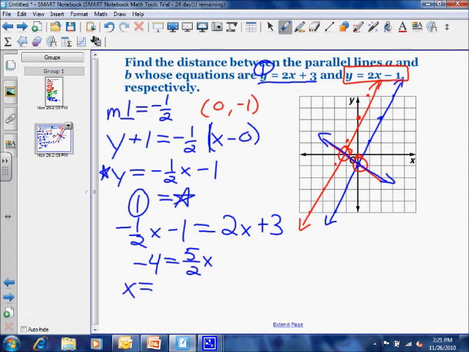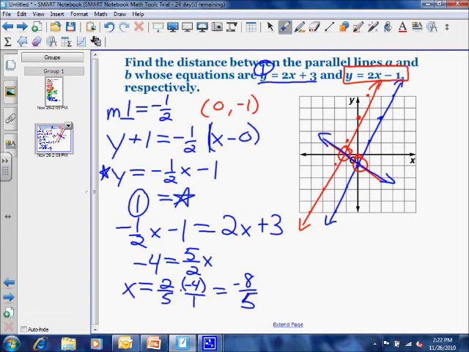So I have x is equal to 2/5 times -4, and -4 over 1 is really what I'm multiplying here. So I have -8/5. So my x value is -8/5.